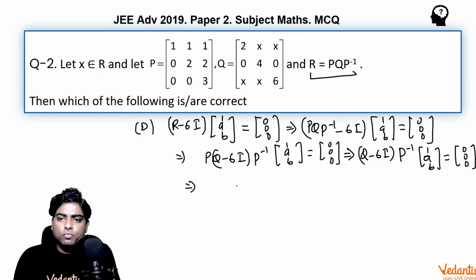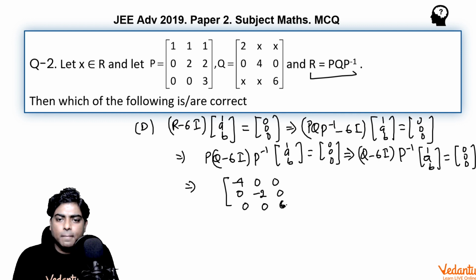So now Q minus 6I is basically, for x equal to 0, minus 4, 0, 0, 0, minus 2, 0, 0, 0, 6, minus 6I now.